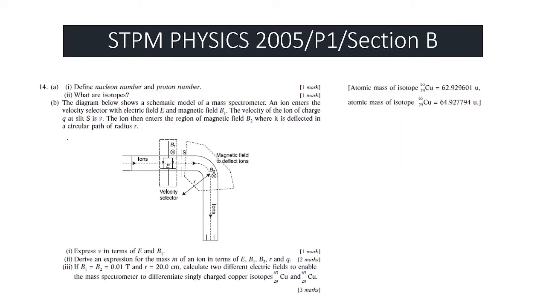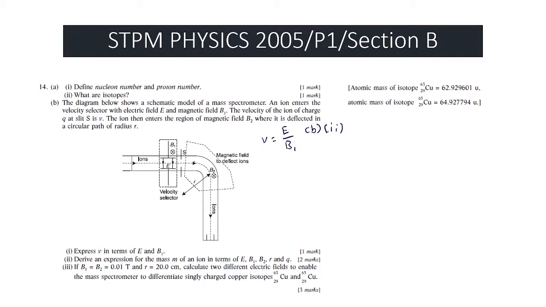Now this is B2: derive an expression for the mass of the ion in terms of E, B1, B2, R, and Q. From B1 we derived that V is equal to E per B1, and now for this B2 we are going to use this.